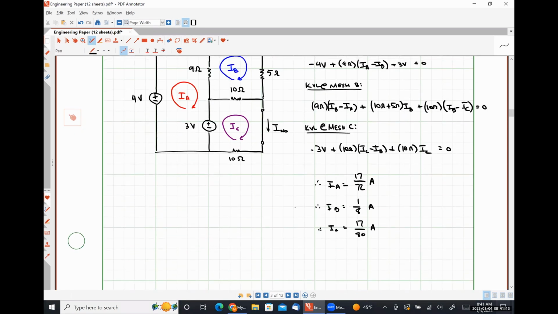So we found these 3 mesh currents, but we did not relate any of these mesh currents to I Norton. How do we do that? Well, yeah, IC is equal to I Norton. All right, thank you, John.